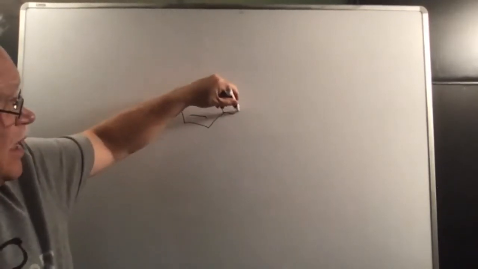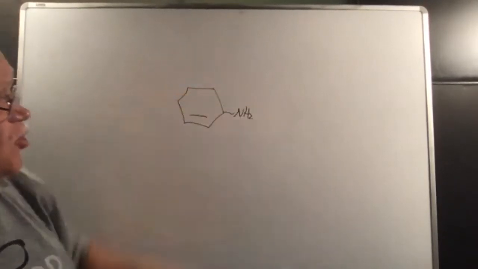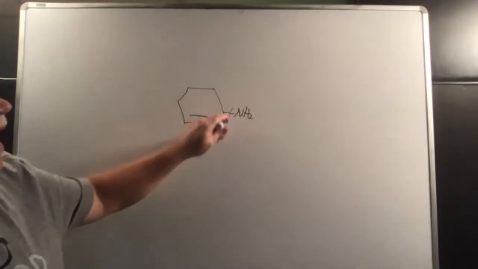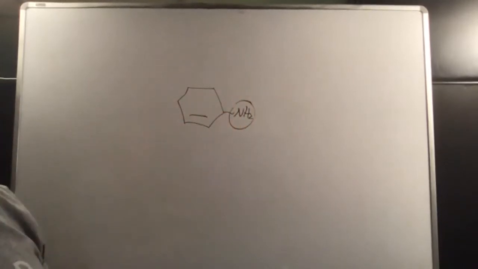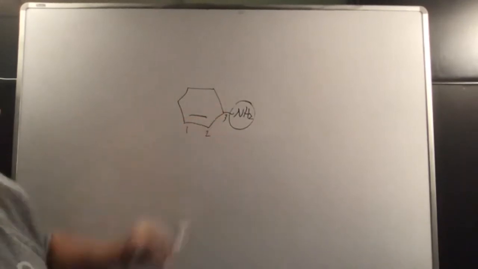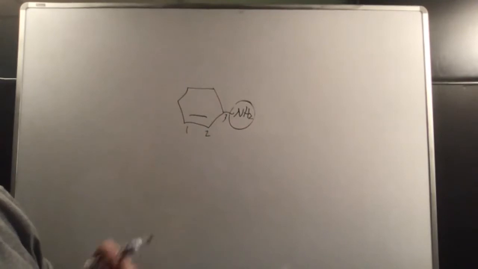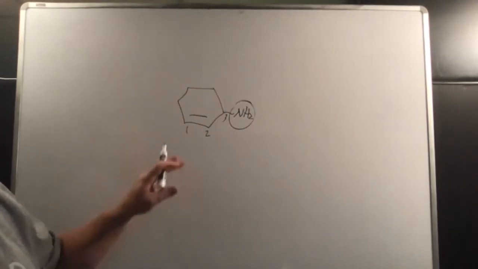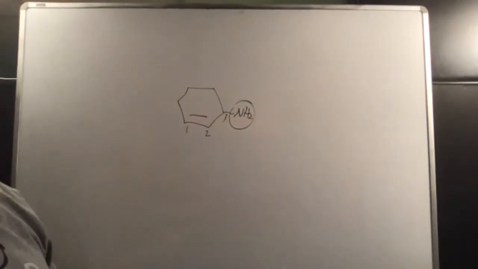But if I put the NH2 group on it, that's amino cyclohexene. The double bond gets the higher priority, so that's 1, 2, giving the amino at the number 3 position. So that's 3-amino cyclohexene. No number needed for the cyclohexene since it's understood to be 1 there.